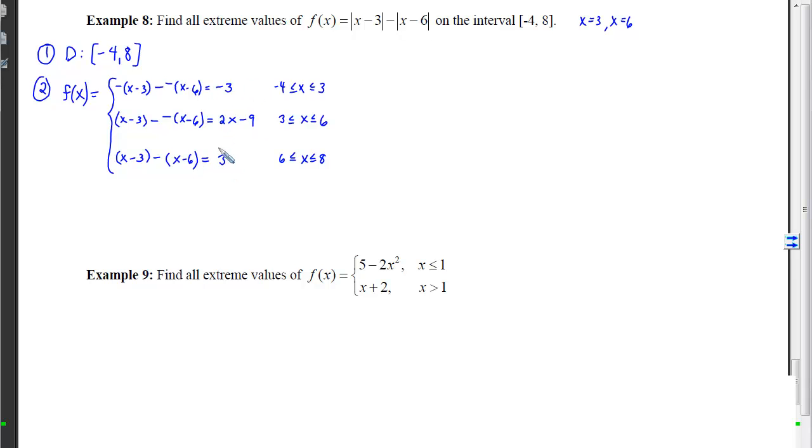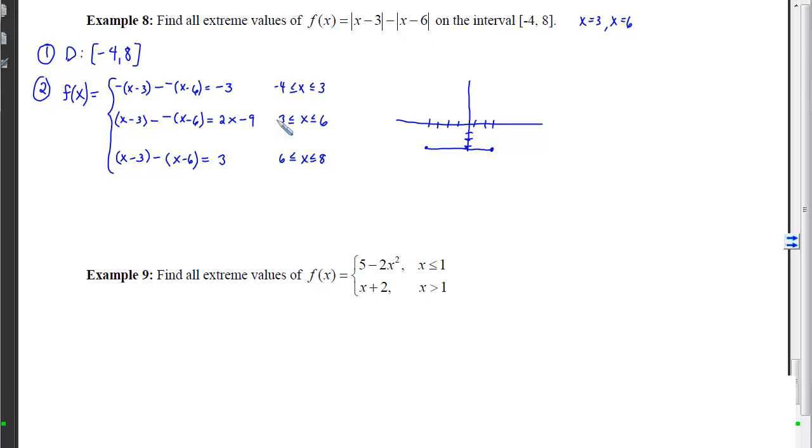So simply looking at the function, we can see that the graph from -4 to positive 3 is going to be outputs of -3. Pretend that's down there. I got a little off.